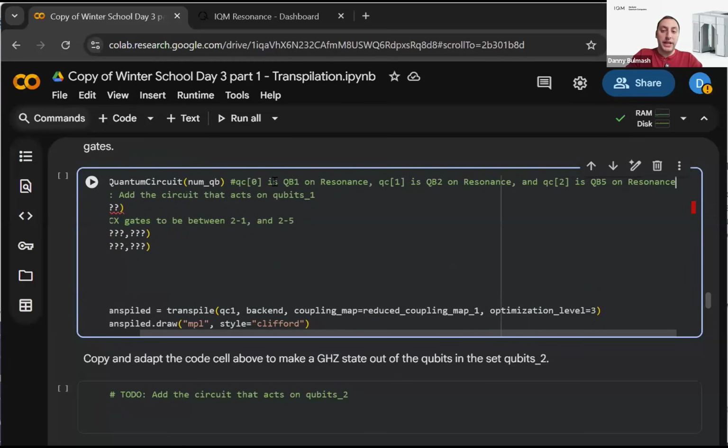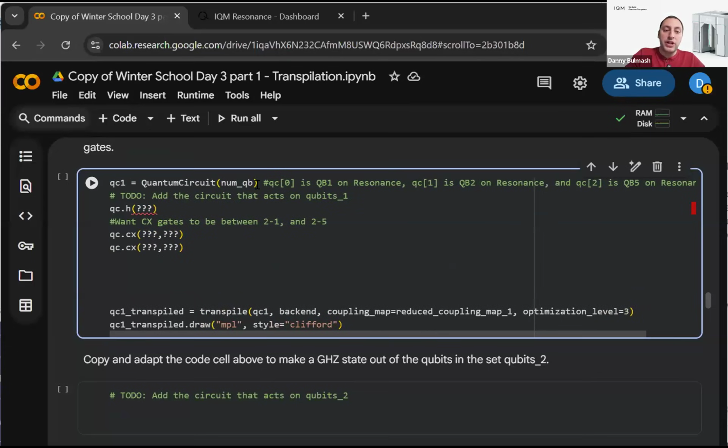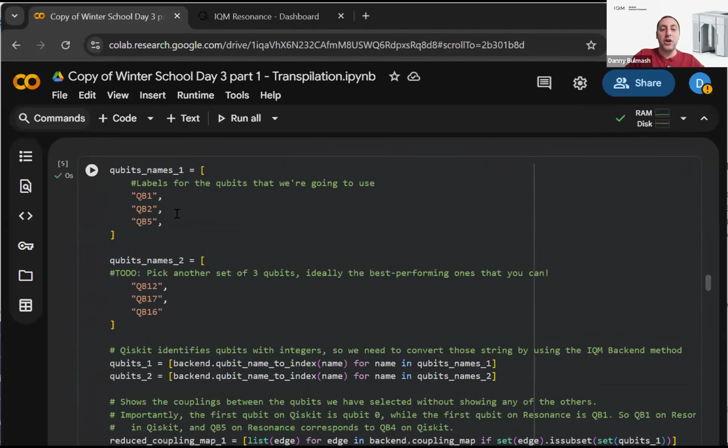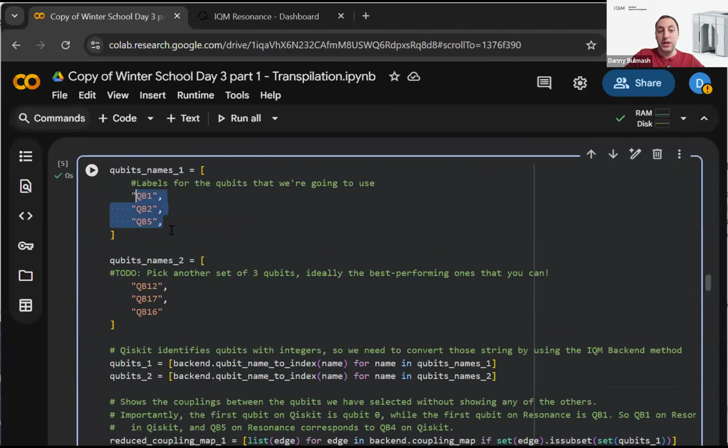Now, this is important here. QC1 just has 3 qubits. It doesn't know about any of the other qubits on resonance because it only has 3 qubits here. So the only qubits that it knows exist are the ones we specified here.